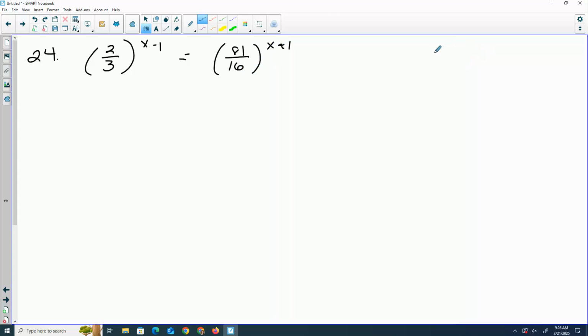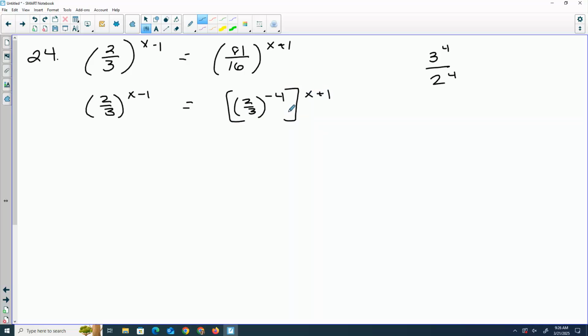When I look at 81, I know that is 3 to the 4th. 16 is 2 to the 4th. If I'm trying to make it match this 2/3, I can't just do 4. What would I have to do? -4, because I need to flip it. You could have also done this 3/2 to the -1 and 3/2 to the 4. That would work.